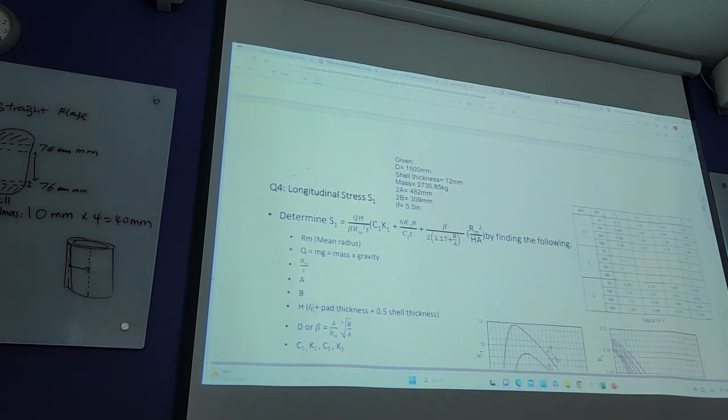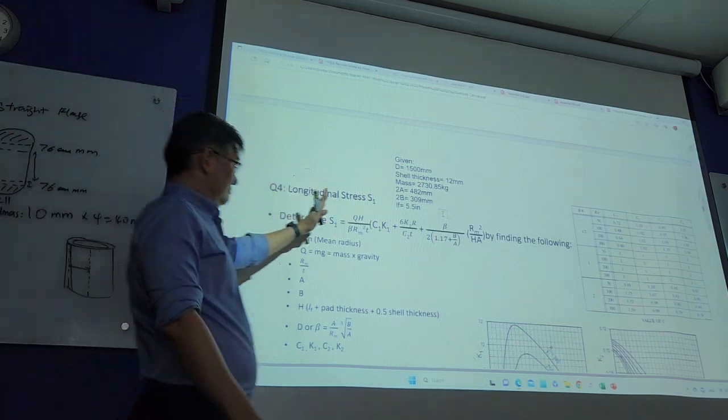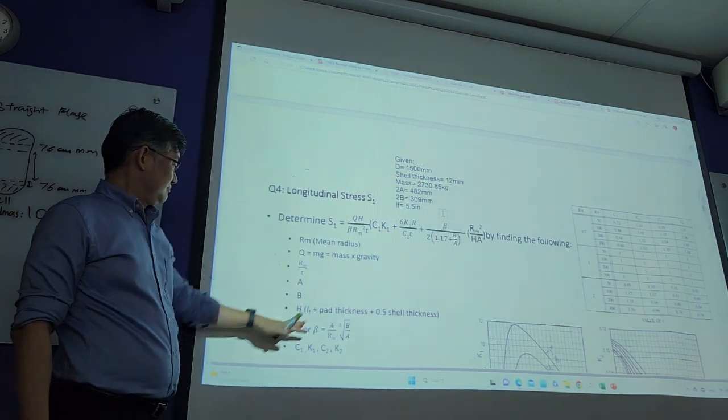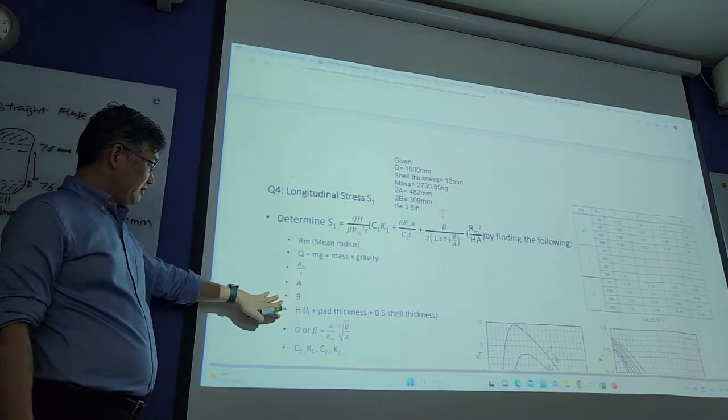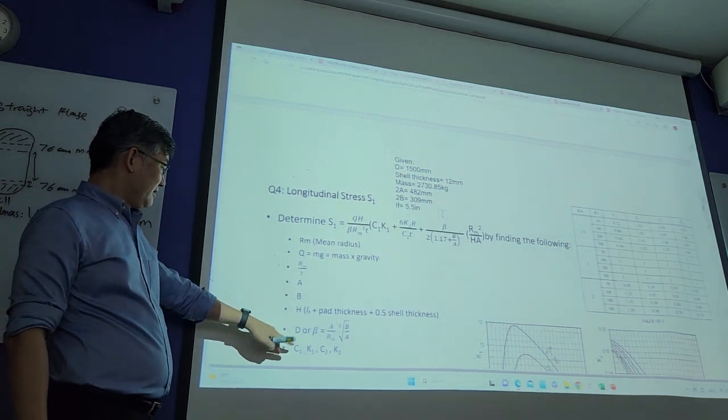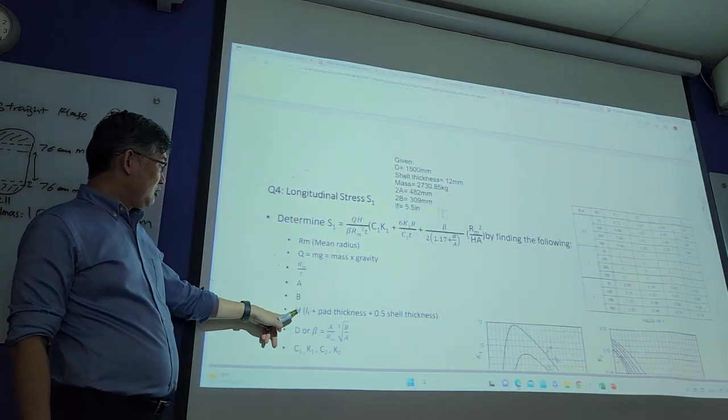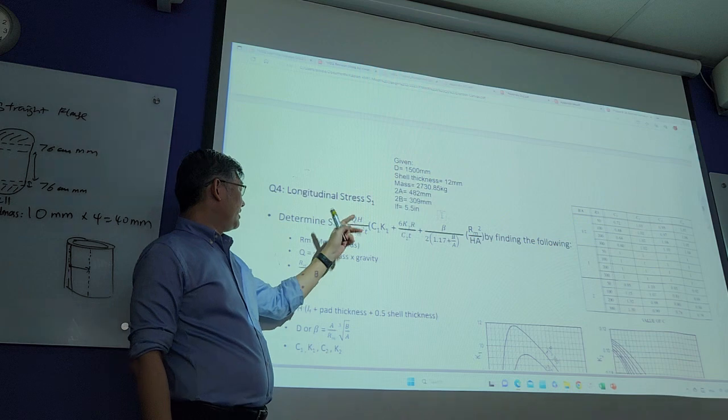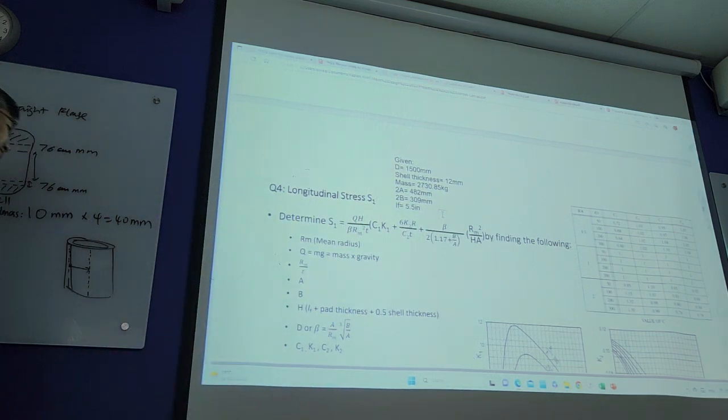So how do we know LF? Given is 5.5 inch, from the lug table that we saw just now. So you are given all these values. Please do some calculation here and find out the value. Then with this, you are able to proceed to find out the S1.